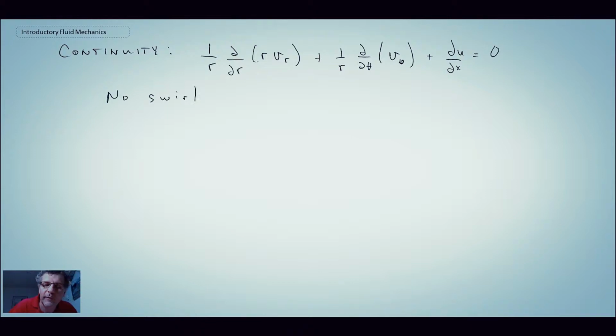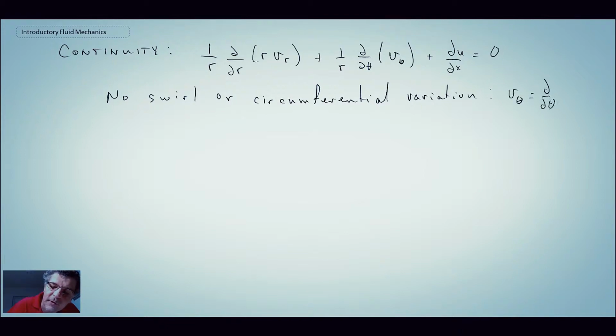The swirl would be velocity in the azimuthal or circumferential direction. Nor is there variation in this direction. Consequently, we can write v theta equals partial theta equals 0, so any term involving partial theta or v theta would be 0.